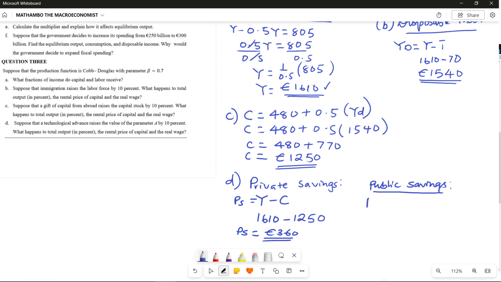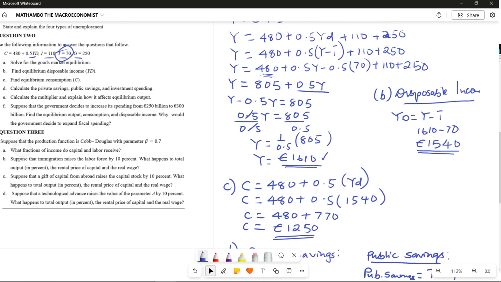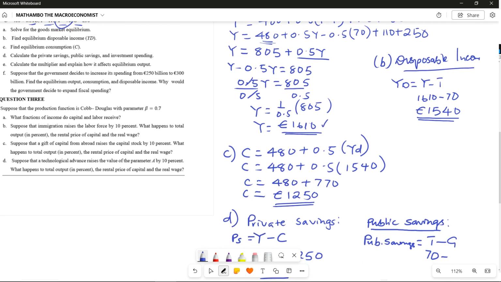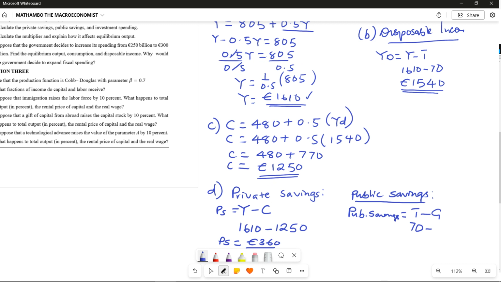Therefore public savings would just be equal to government revenue, which is taxes, minus its expenditure. So taxes are equal to 70 minus, we've been told that government expenditure is 250, so this is actually a deficit.